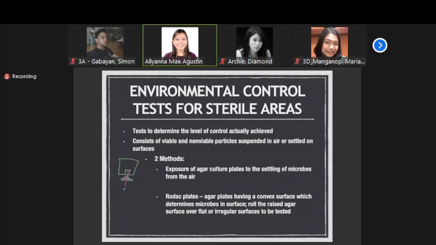So, ideally, wala. Kasi, di ba, sterile ang area. So, meaning, ang hangin dyan ay sobrang linis, walang bacteria present. Okay? So, ayan. You have your rodac plates, may convex surface, which determines microbes in surface. Roll the agar on the surface of flat or regular surfaces to be tested.